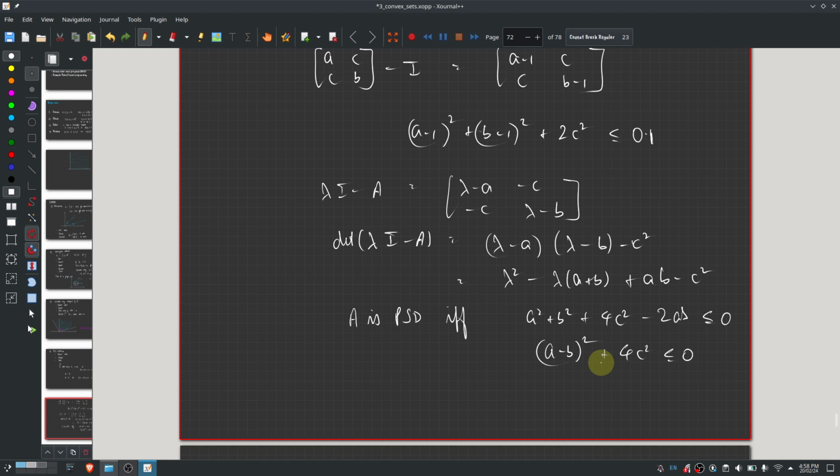Correct. So what we want are the eigenvalues, right? We want to ensure that the eigenvalues are non-negative. A plus B is positive, and how do you get that? Correct.